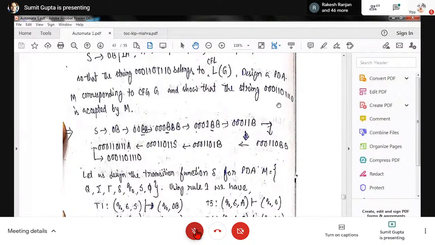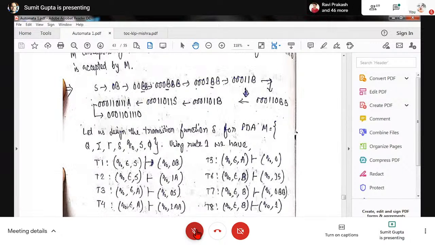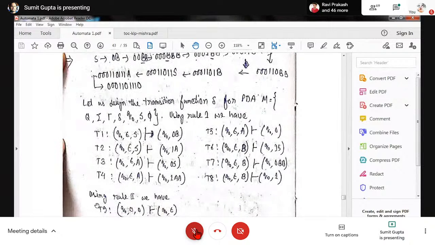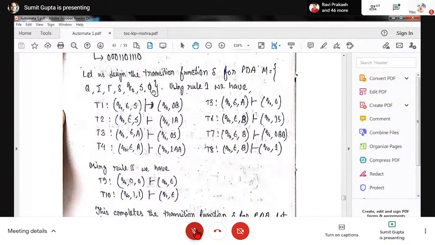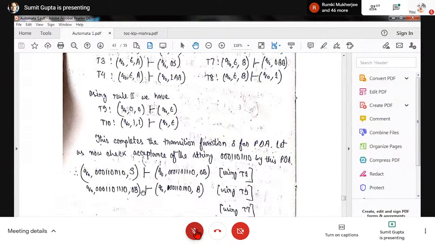Second, we have to design a push-down automaton corresponding to this grammar. That we have to do by specifying the different transitions and showing the different 7 tuples. So capital Q will now become Q0, Q1. Here your capital T is Q0 because we are not showing any state change. Showing a state change is not compulsory.